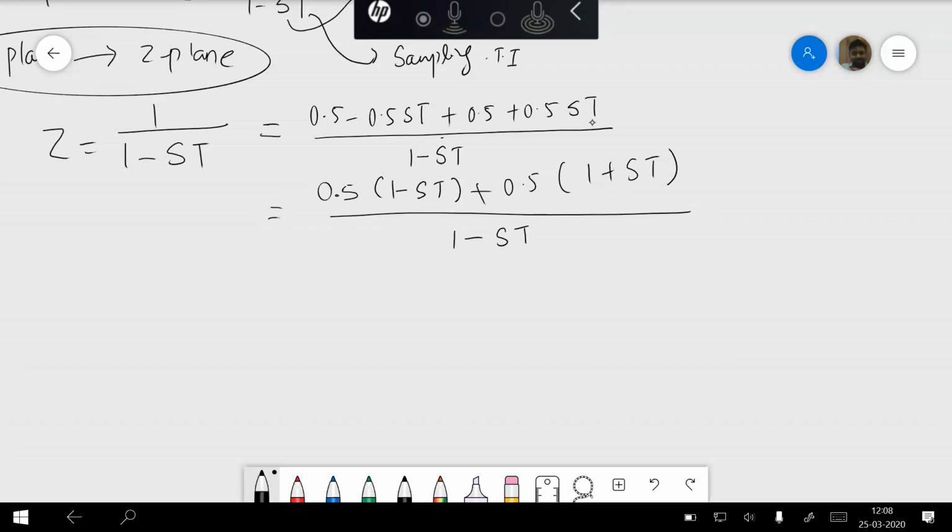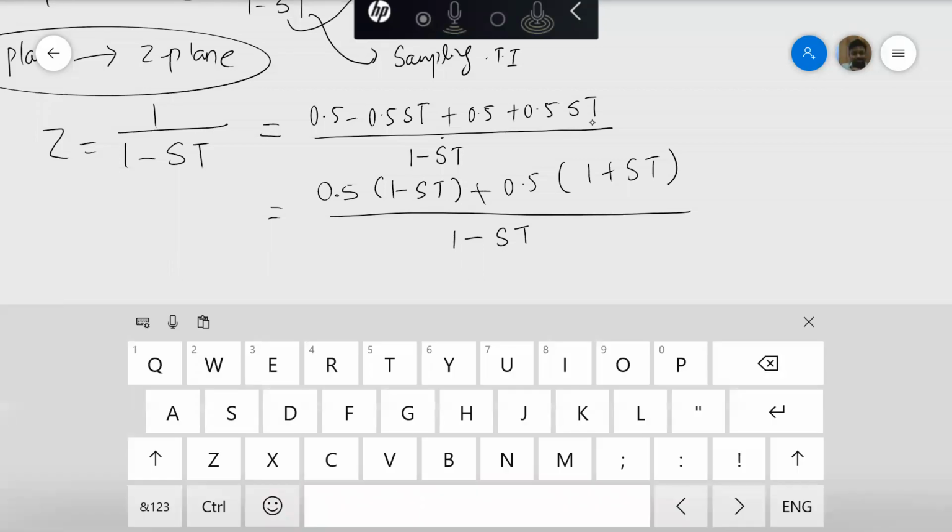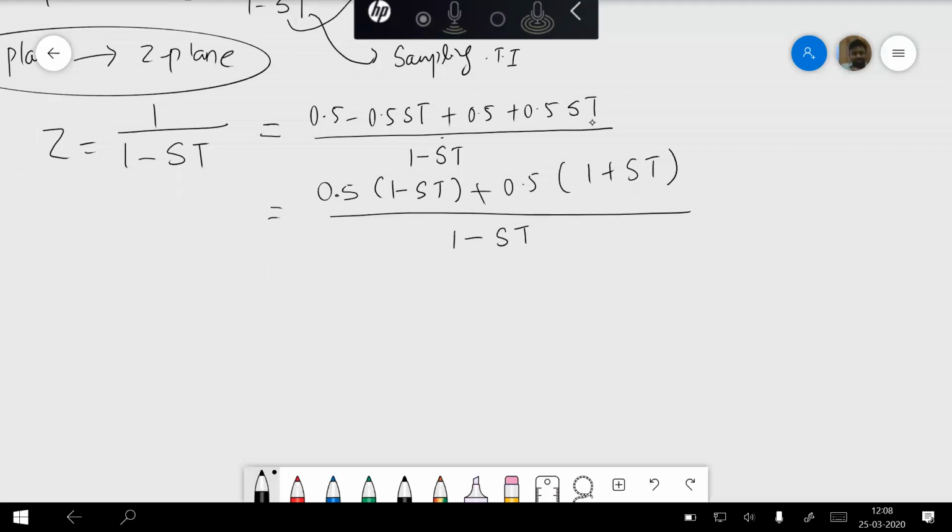I did not do anything, I just split 1 into 2 parts. 0.5 plus 0.5 is 1, and 0.5 sT and minus 0.5 sT get cancelled. That's all I did, because of this I am going to get some advantage. That's why I did this simple mathematical manipulation.